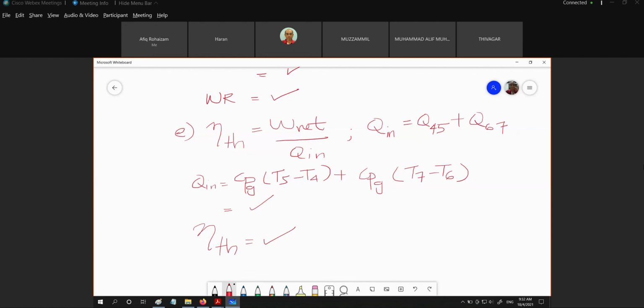I have a question. Why in the combustion chamber does the pressure get closer? That means there is a difference in pressure. Harun, can you repeat that? I cannot hear you clearly. Your voice is jumping.